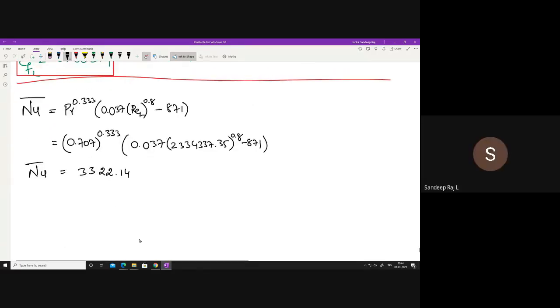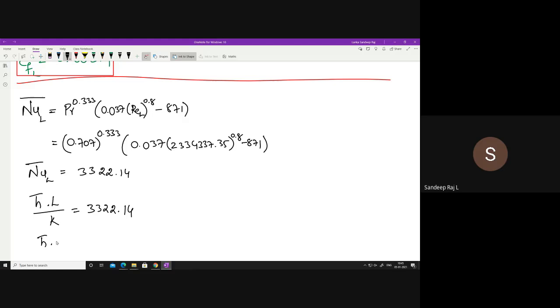Okay, you are done with your Nu bar. What you need is H bar actually. So H bar into L by K is equal to 3332.14. What is the L value in this question?